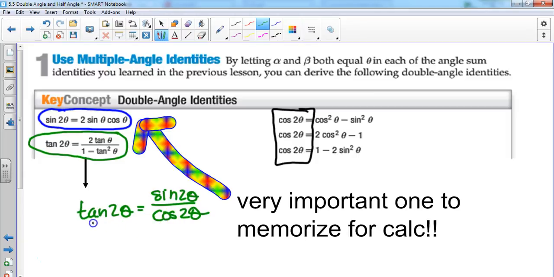Just like tangent is always sine over cosine, as long as those thetas are all the same. The reason I want you to make that clear is, we can always use this formula, but if we've already found the sine of 2 theta and the cosine of 2 theta, then just dividing them will save us a bunch of messiness, okay?